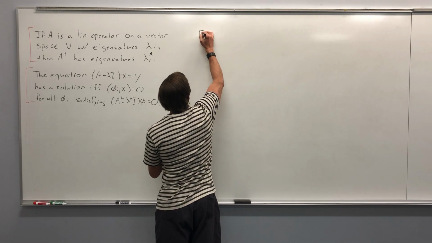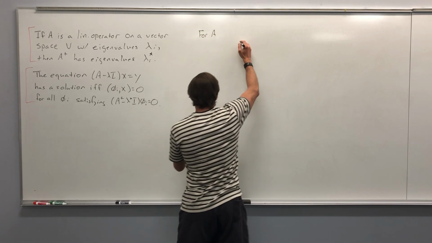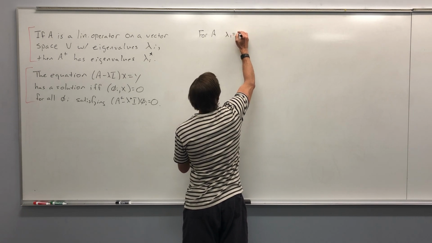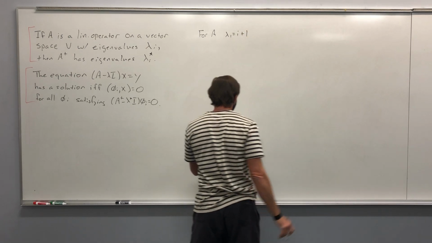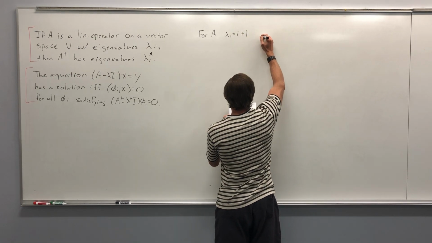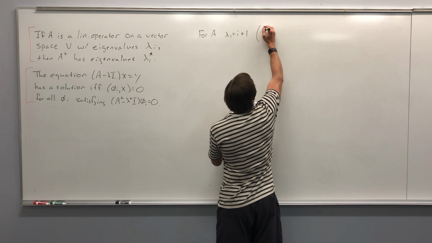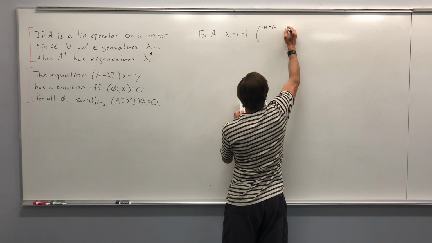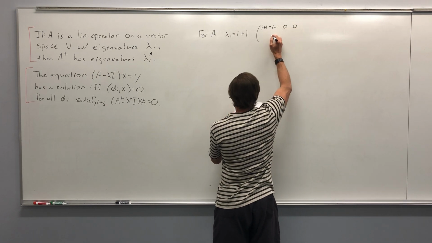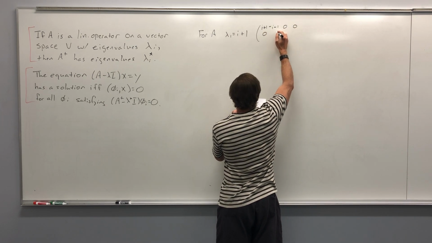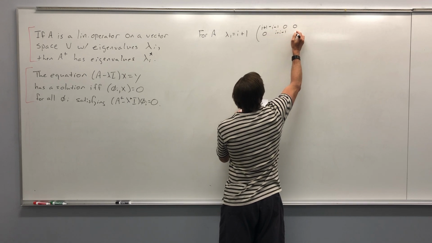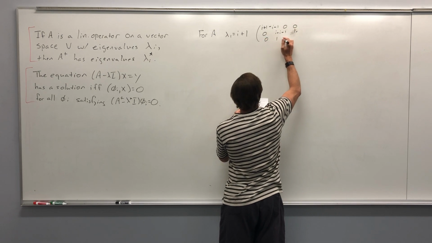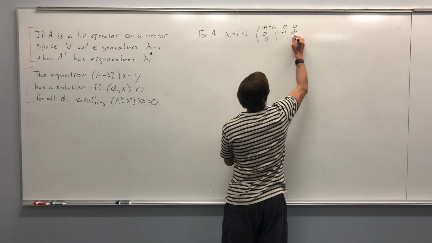So for A, let's take the first eigenvalue, and then we'll form the following: i, plus 1, minus i minus 1, 0, 0, 0, i minus 1, 0, or sorry, 1, 0, 1, i minus 1.